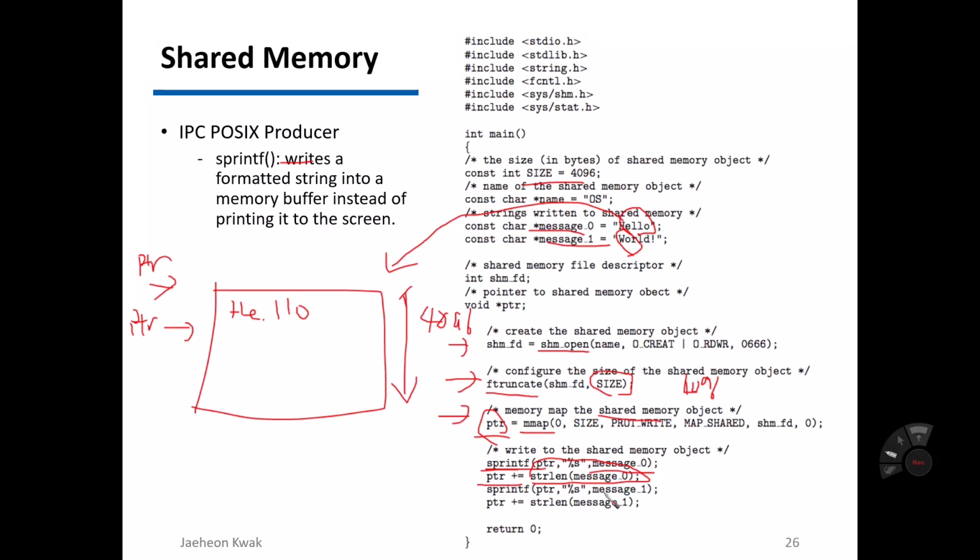Then we write the remaining string, world. If we do not change the location of the PTR, the second string, world, will be overwritten in this area. So we have to move the location of the PTR.